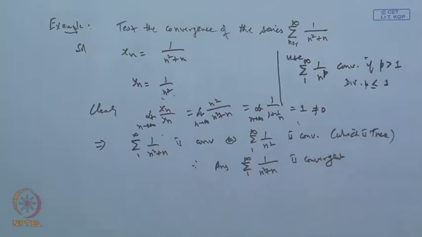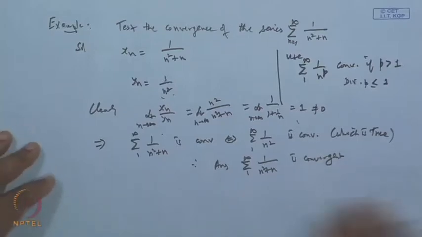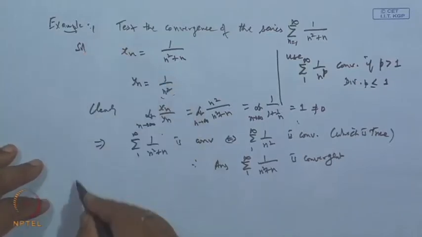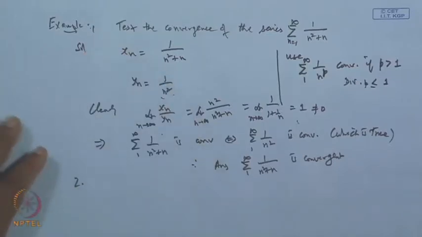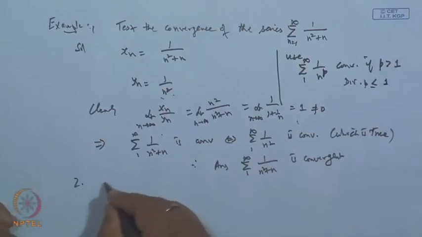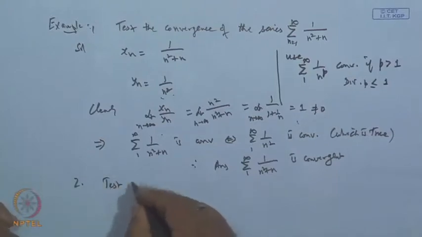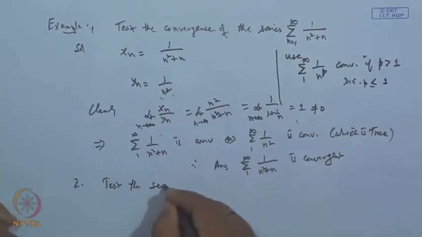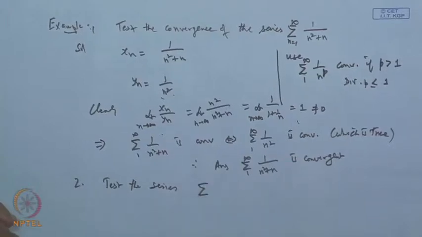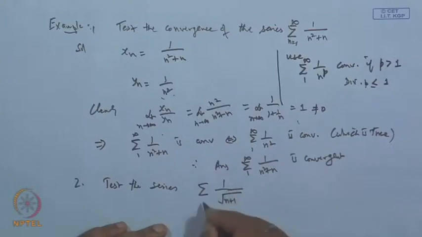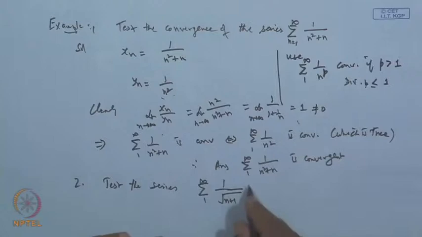Okay. Now, similarly, let us take another example: test the series sigma 1 over under root n plus 1, from 1 to infinity. Again, this is a sequence of non-negative, strictly positive real numbers. To test this, we will apply the limit comparison test.